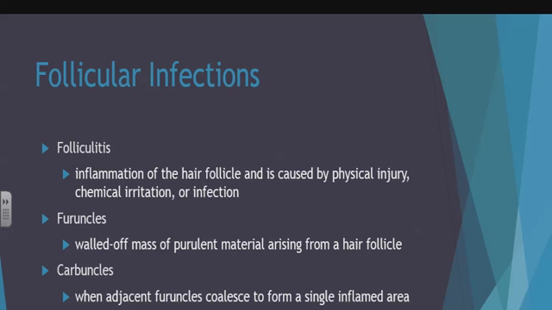It's also called a boil. That's what some people will call it. It's a furuncle, a fancy term for it. A carbuncle is when a bunch of adjacent furuncles coalesce to form one big single inflamed area. A common organism to cause this is our best friend Staph aureus, right? So we're familiar with treatment options for Staph aureus, or you should be by this point.